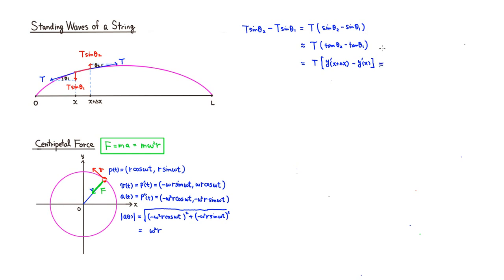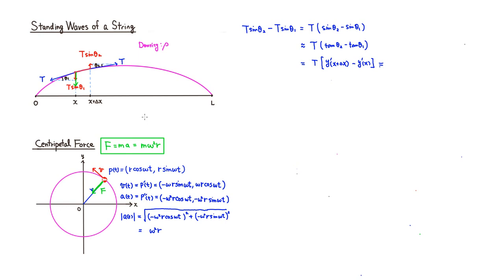Centripetal force is toward the middle. In this case, I didn't mention it, but let's say the linear density of this rope is rho. Rho is the density of the rope. To find the centripetal force, we have to find a mass.